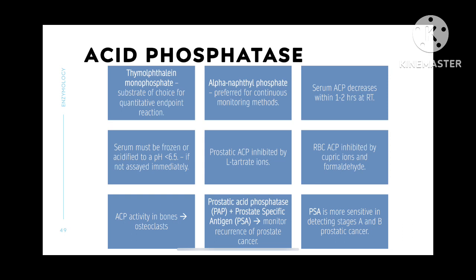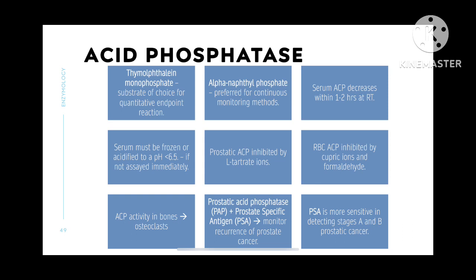Other prostatic conditions in which ACP elevations have been reported include hyperplasia of the prostate and prostatic surgery. There are also conflicting reports of elevations following rectal examination and prostate massage. Certain studies have reported ACP elevations, and others have indicated no detectable change. When elevations are found, levels usually return to normal within 24 hours.